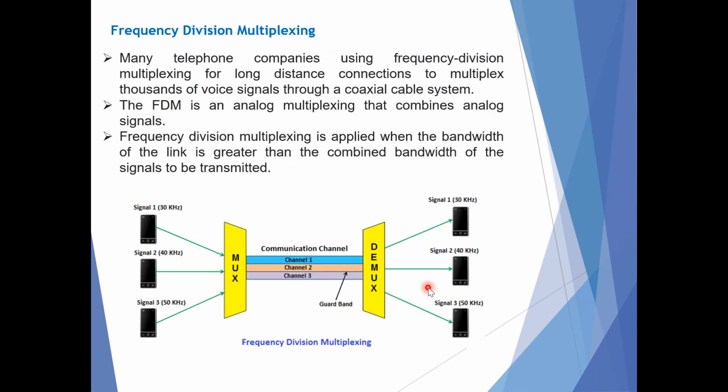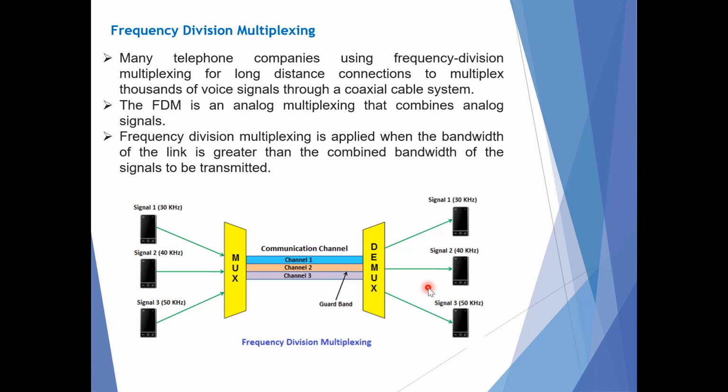So, we'll just start with the first topic, that is FDM, frequency division multiplexing. The operation of FDM is based on sharing the available bandwidth of a communication channel among the signals to be transmitted. That means many signals are transmitted simultaneously, with each signal occupying a different frequency slot within a common bandwidth.